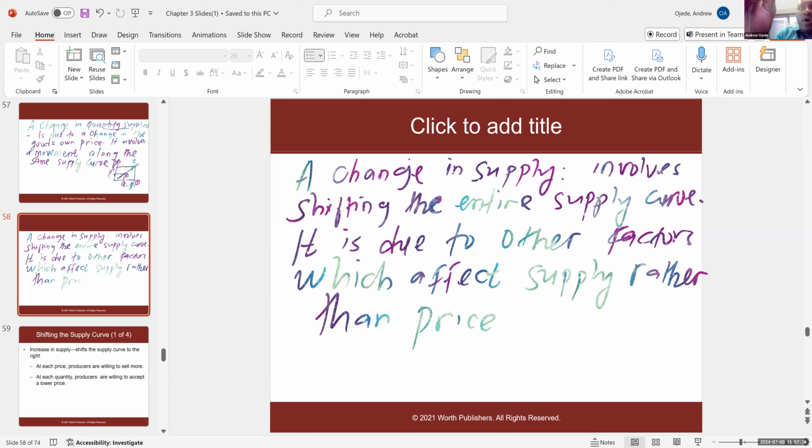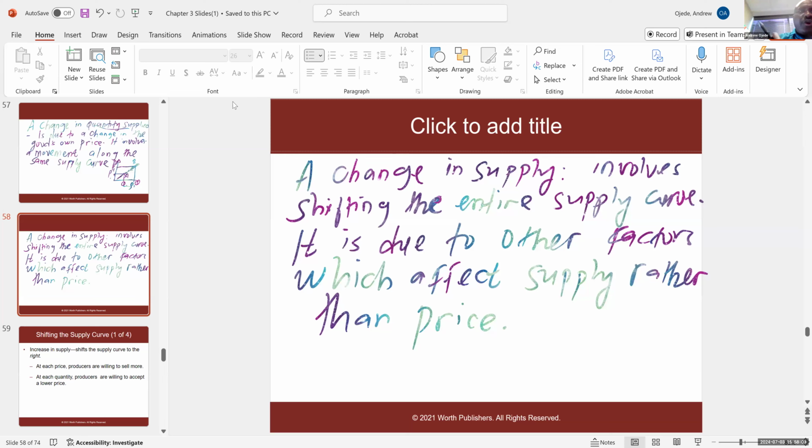So that means if we hold price constant, producers can still supply more or less of the product. That means what is making them supply more or less is not price. It could be something else. It could be technology changes, an increase in the number of producers, or changes in input prices. We'll talk about that.